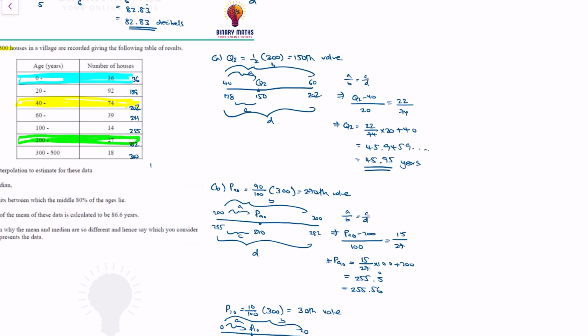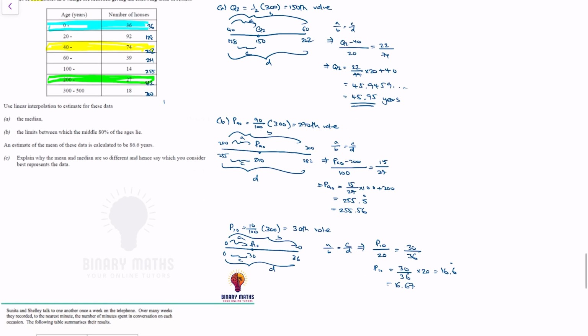A over B is equal to C over D, which implies P10 minus 0, which is P10, over 20 take away 0, which is 20, is equal to 30 over 36. So P10 is equal to 30 over 36 times 20, which is equal to 16.6 recurring, which is equal to 16.67.